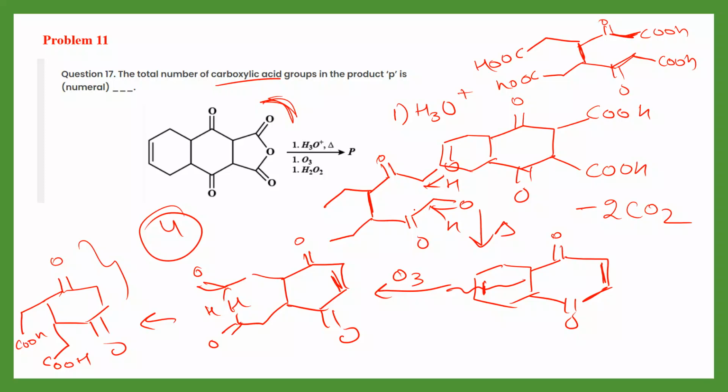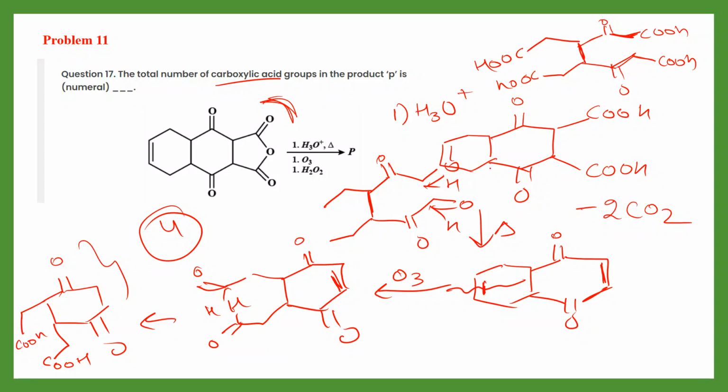Jayashri, you got confused in this question, right? Yes, ma'am. Where is the confusion? Tell me. Ma'am, as I remember, just 2 or 3 slides back, you told us that there is an anhydride forming.